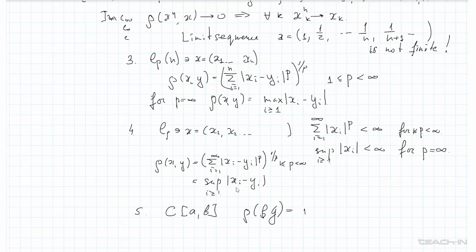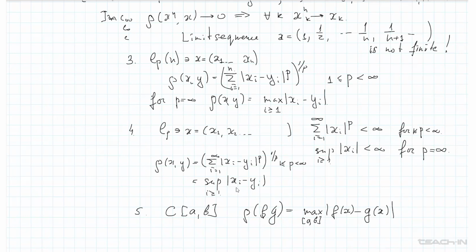What can you say about the completeness of these spaces? We don't discuss items 3 and 4. So what can we say about Lp finite-dimensional, Lp infinite-dimensional, and the space of continuous functions?